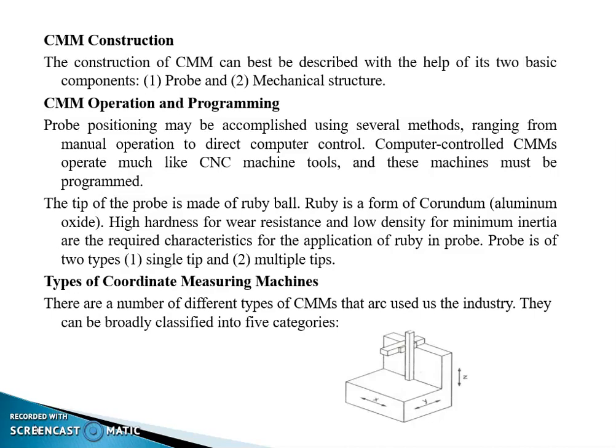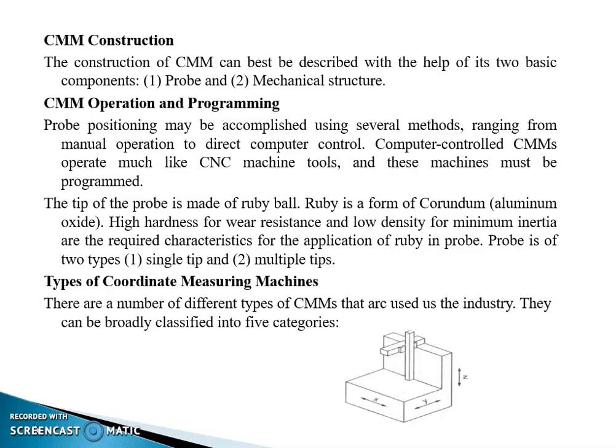The overall CMM construction consists of a mechanical structure that supports the probe, head and the probe, and a work table that passes underneath the probe, upon which the item to be inspected is placed. To the side, we can see the associated computer system that takes and records the probe results as they occur.